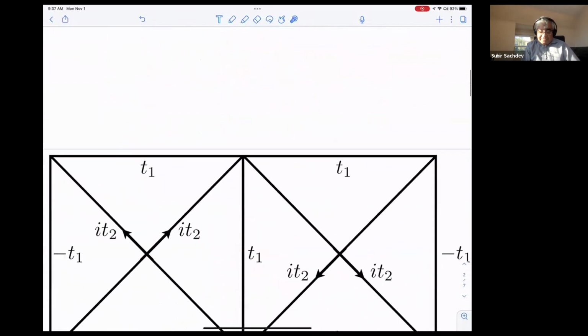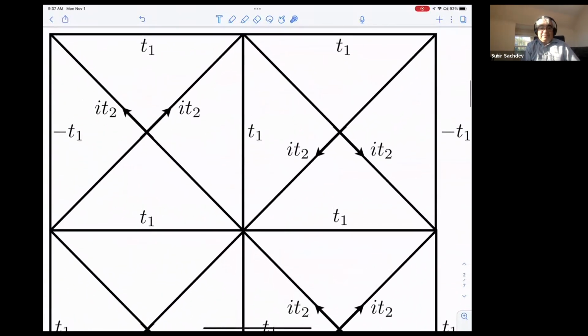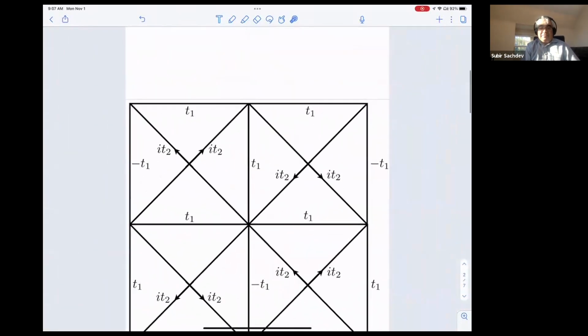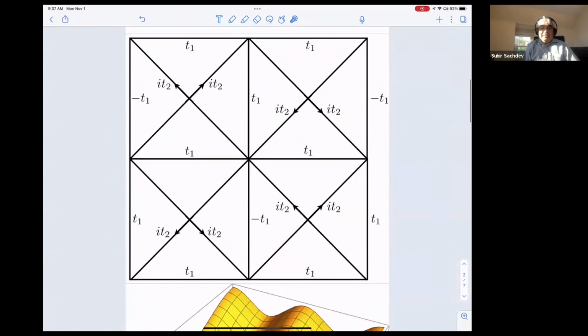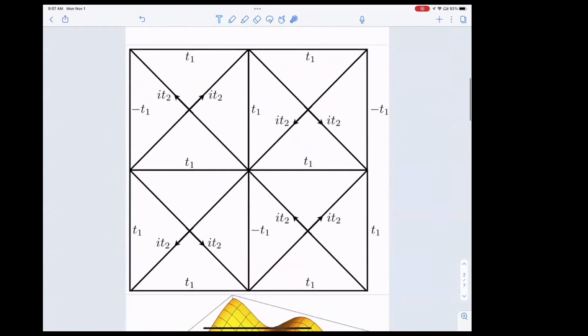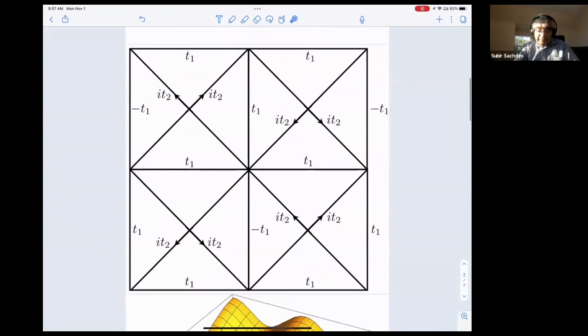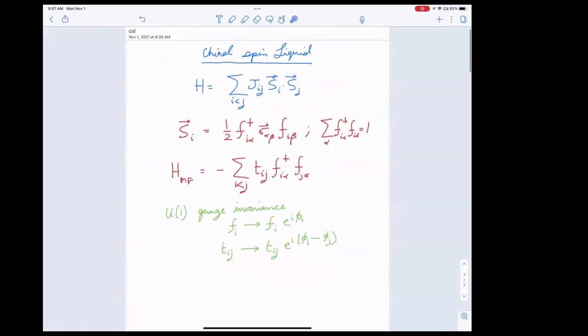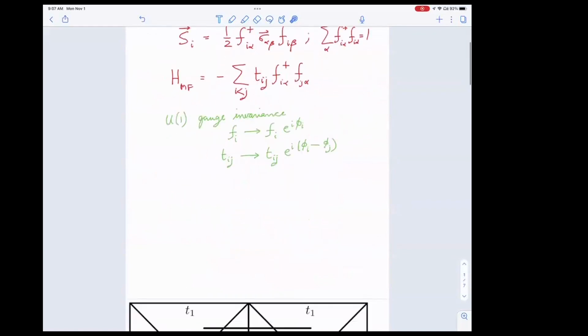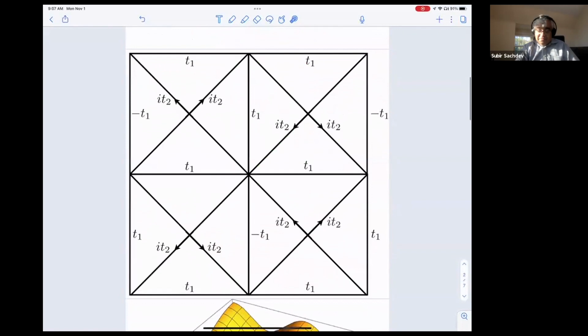Okay, so here's a picture of the Tij I want to take. What is real and what is imaginary? Jij is real? Absolutely, Jij is real. And the Tij are shown in this picture, and T1 and T2 are real.